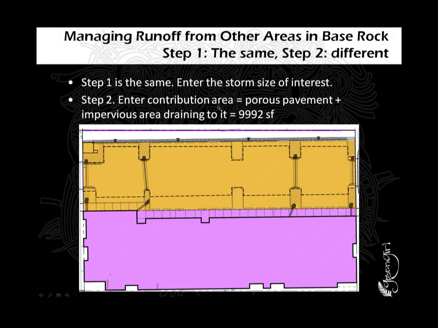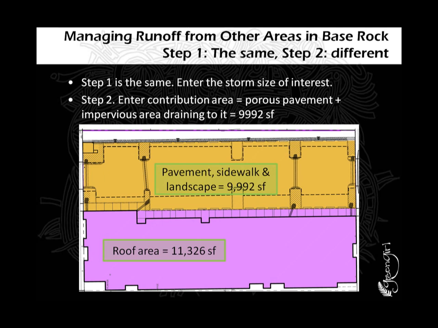And step 2 is enter the contribution area. In past examples, the contribution area was just equal to the base rock. But now we're taking runoff from other places and putting it into the base rock. So we have to include the porous pavement itself, plus the impervious area draining to it. So that's the roof area, 11,326, and the pavement sidewalk.